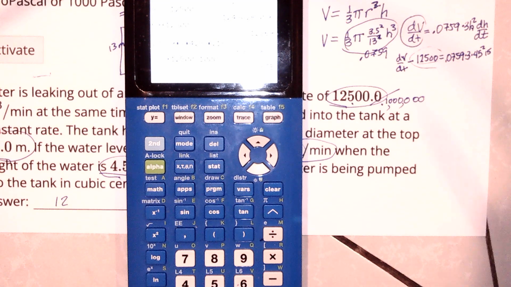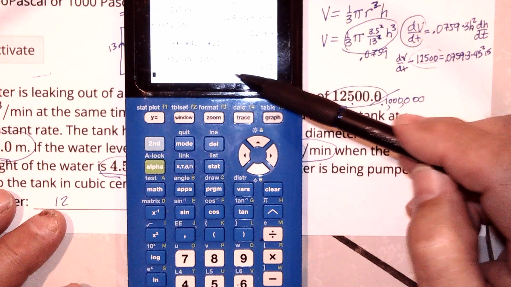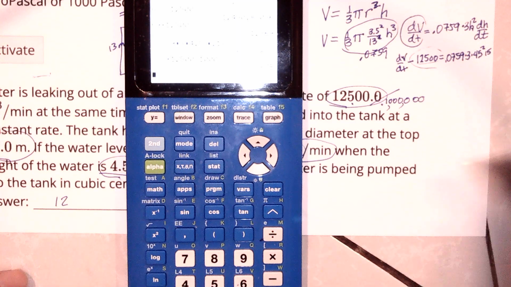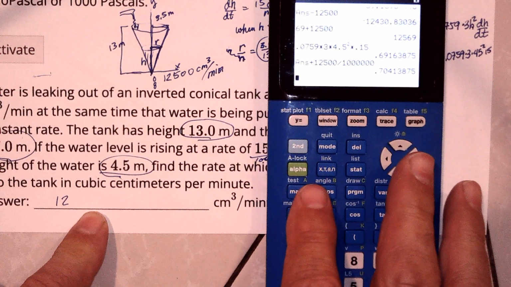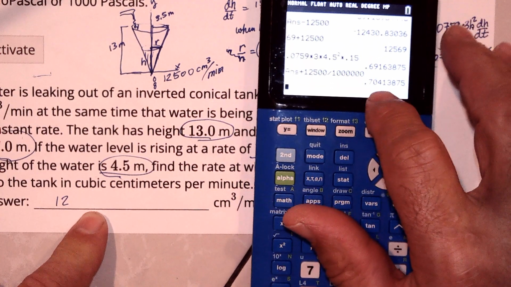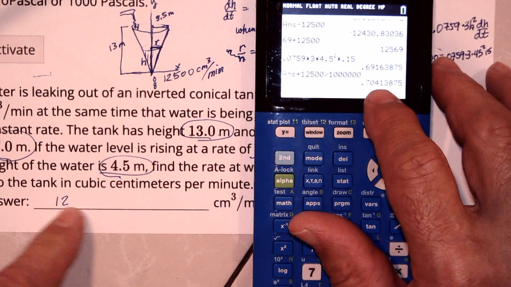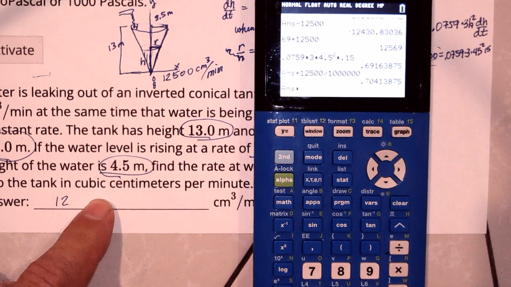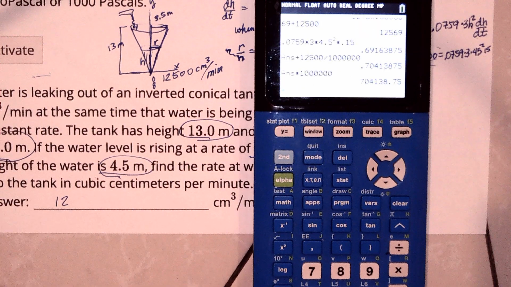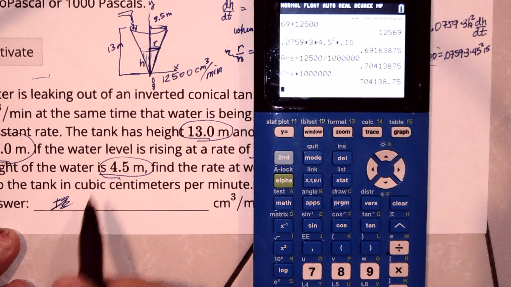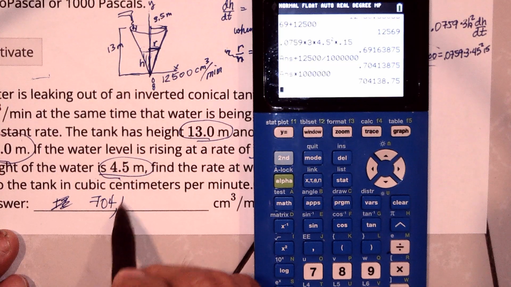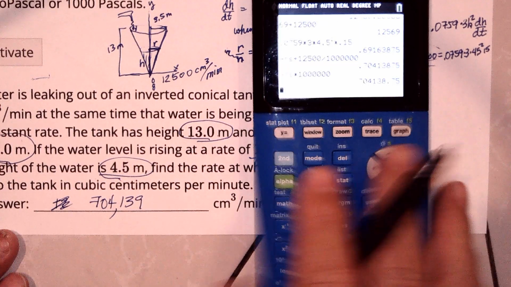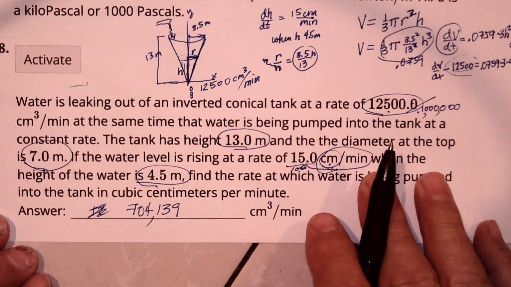And so the water going in is that many meters cubed per minute, but they want it in centimeters cubed per minute. So if that's that many meters cubed, we have to multiply that by 1 million to find out how many centimeters cubed per minute need to be pumped in. And that's 704,139 centimeters cubed per minute. Okay?